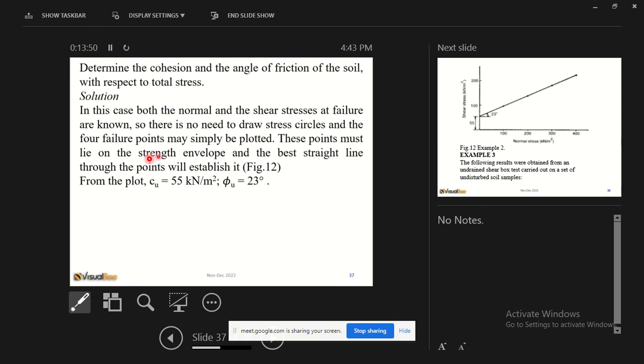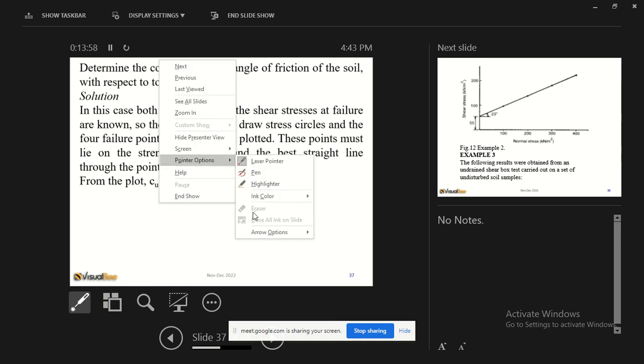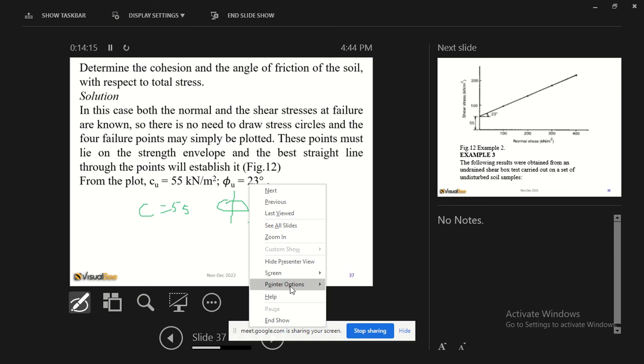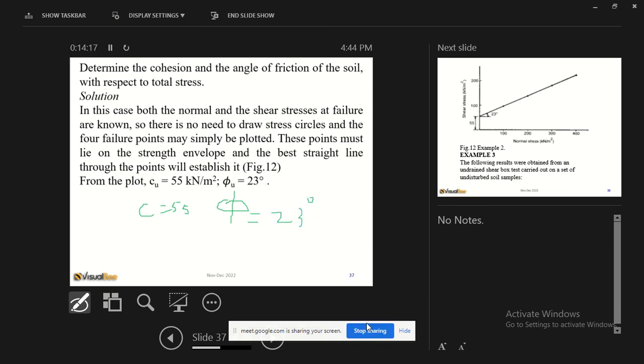So I think this is also not right. This just uses C and phi U. I think this author is confusing two things. Just use here phi is 23 and C is 55, because phi U is something else, which I think I have explained to you before.